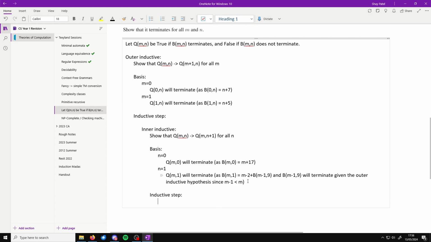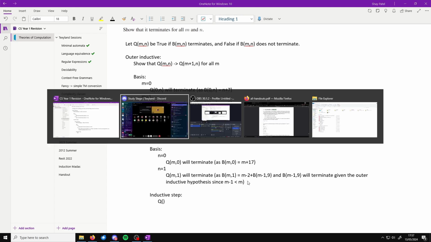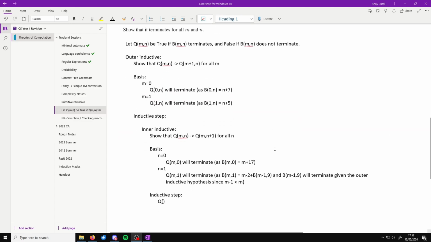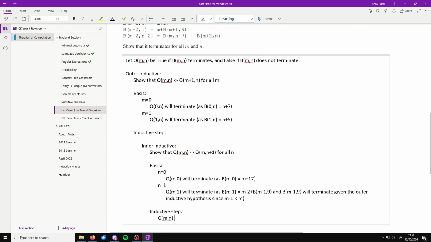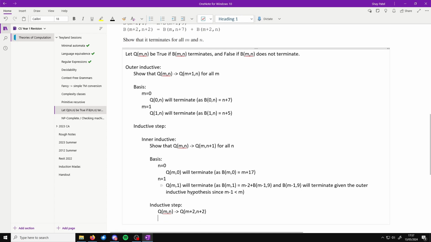And then for our inductive step here, we'd say, okay, let's think about this. We're so close. One thing we could do is say Q of m n implies Q of m plus 2 n plus 2.